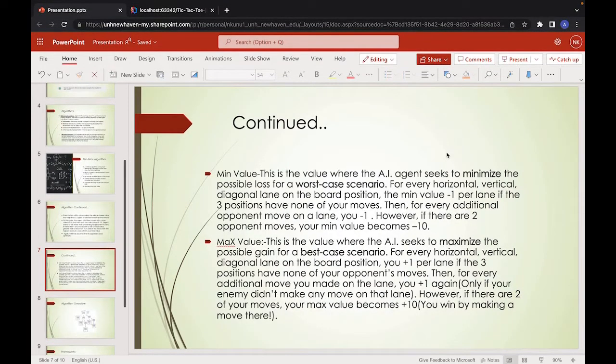So here the min value is the value that the agent seeks to minimize, the possible loss for a worst case scenario. For every horizontal, vertical, diagonal lane on the board position, a negative value is decreased, and for every additional opponent move on a lane you have -1.